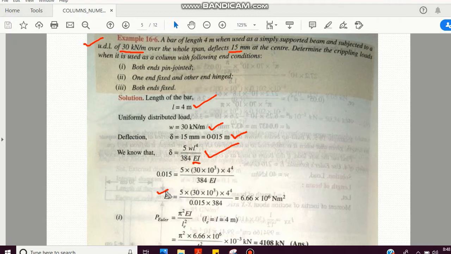The EI value becomes 6.66 into 10 to the power 6 Newton meter square. This is the value of EI, because the E value is not given and the material is not declared here, and the cross-sectional dimensions are also not given in the question. So we are calculating the EI value from this deflection equation.